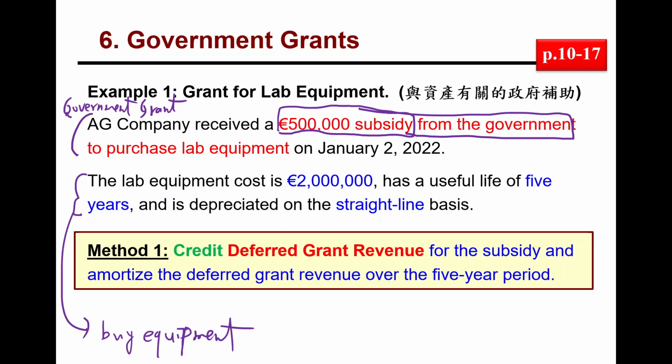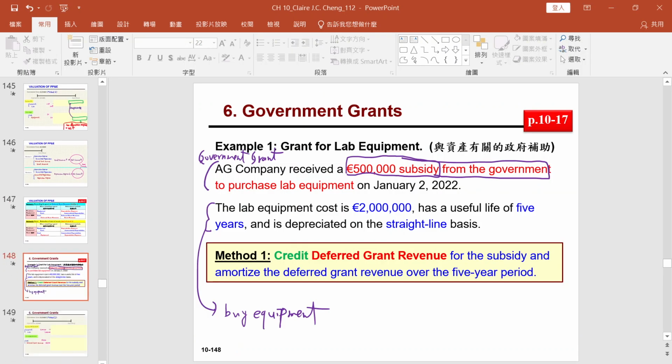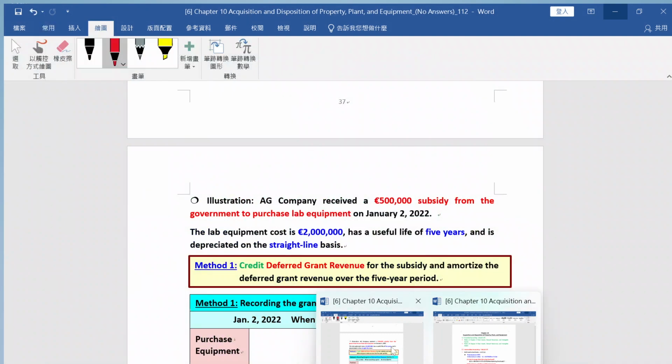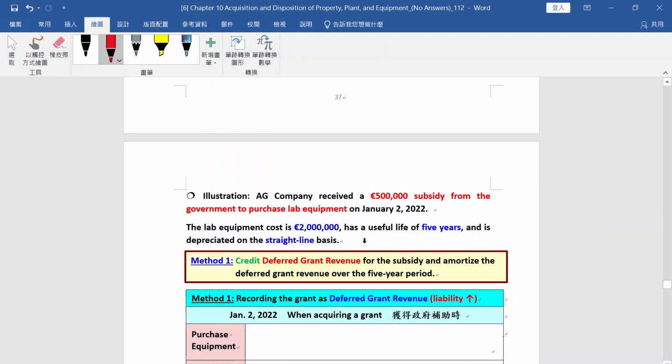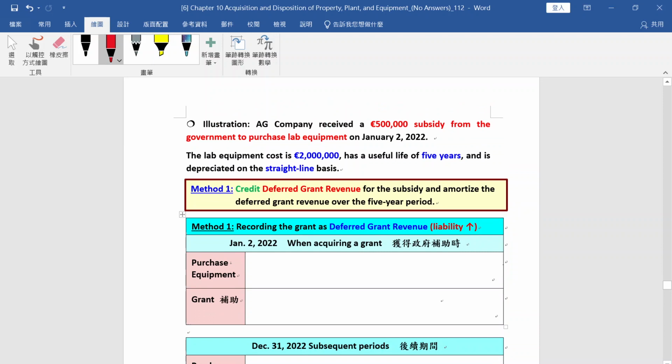Please look at your note on page 38. So 38 is the question we have.